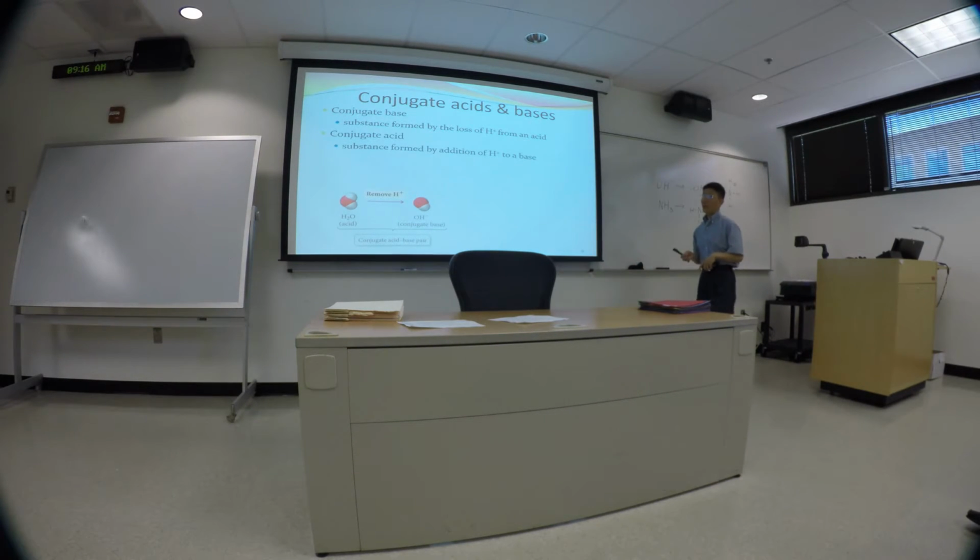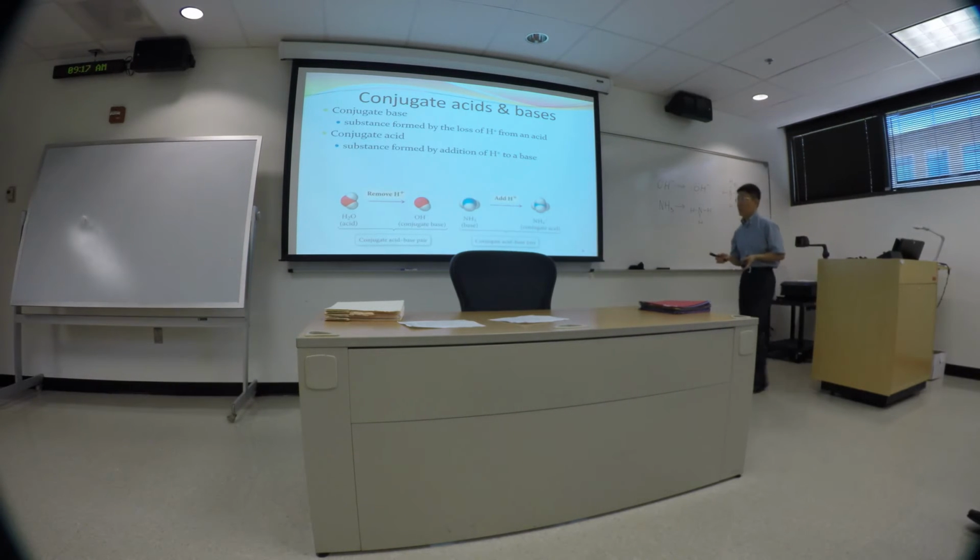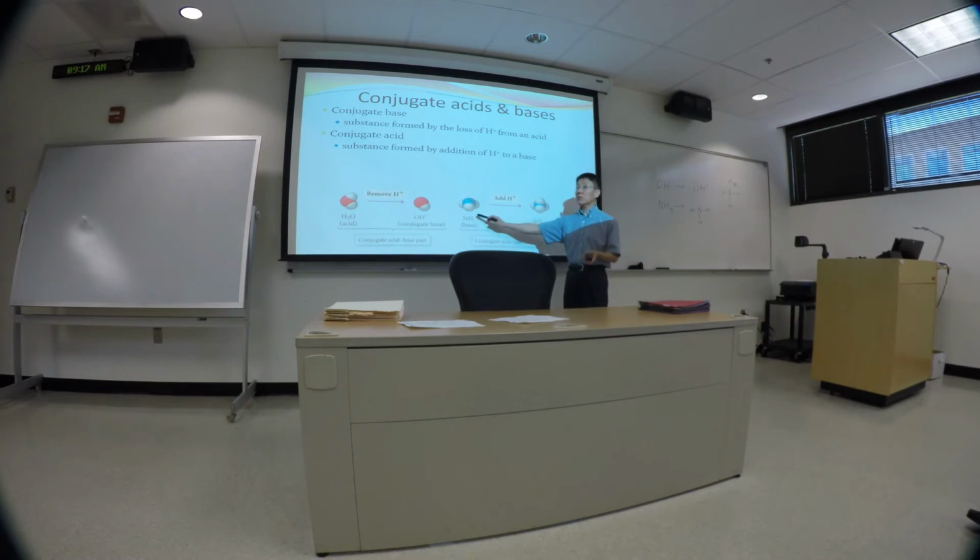Now, what happens to the base that accepts the proton? The substance formed by the addition of the proton is called a conjugate acid. For example, ammonia is a base with a lone pair of electrons. If you add a proton to it, you end up with ammonium, NH4+. This is your conjugate acid.